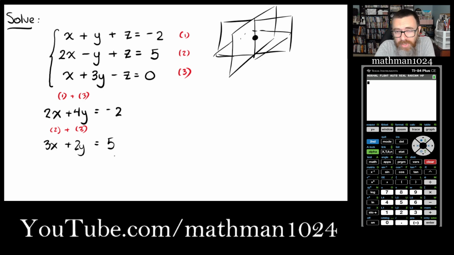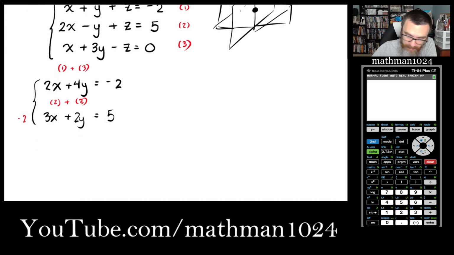It's two equations, two unknowns, so we can solve this by using elimination or substitution. I'd go for elimination. Looking at this system, probably the easiest way is to multiply the second equation times -2. So the first equation stays the same, 2x plus 4y equals -2.